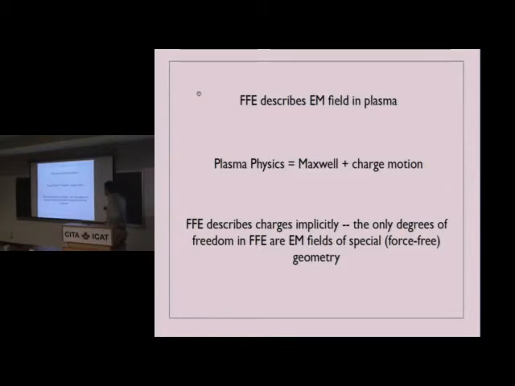We have to describe electromagnetic fields in the presence of charges. So we are dealing with plasma physics, but plasma physics by definition is Maxwell plus charge motion. To solve Maxwell equations, you need to know currents. Currents are moving charges, so you have to treat simultaneously the electromagnetic field and the motion of charges. This is called plasma physics. Plasma physics is horrible.